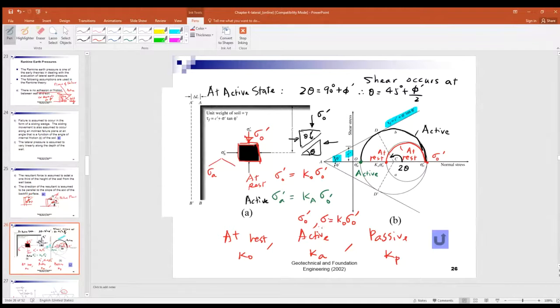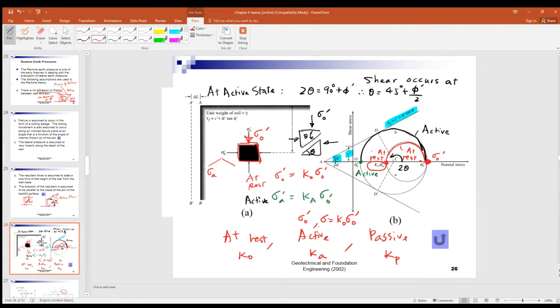So that is the point here. It's K naught sigma naught dash, the horizontal stress, and the vertical stress here.